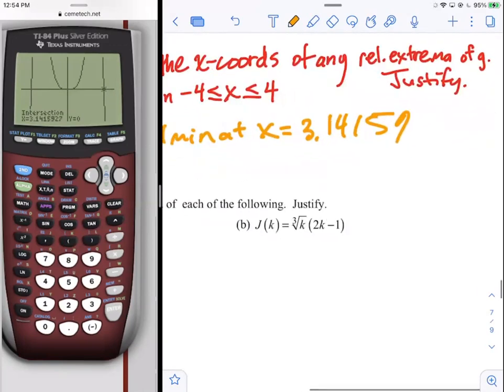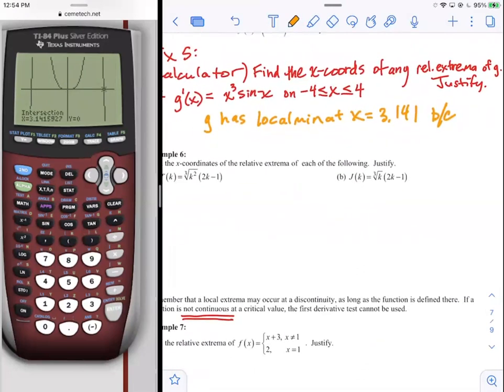You could say pi, or you can go to 3 decimals here. If it is a calculator question, 3.141. And then it would be, because, I'll just put BC like that, because G prime changes from negative to positive at x equals 3.141.